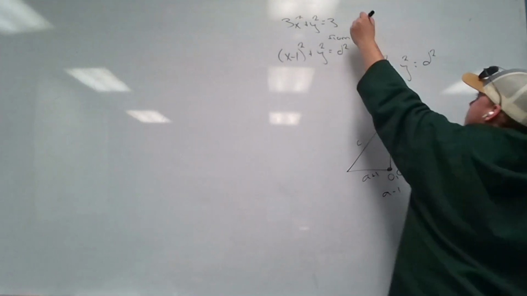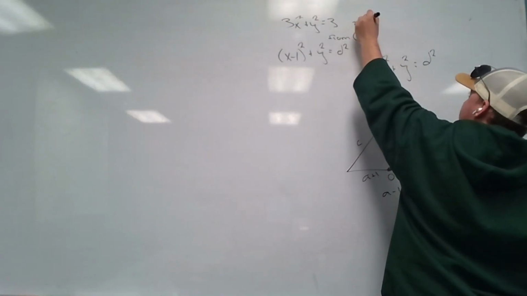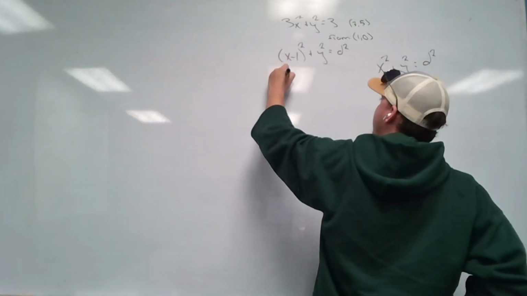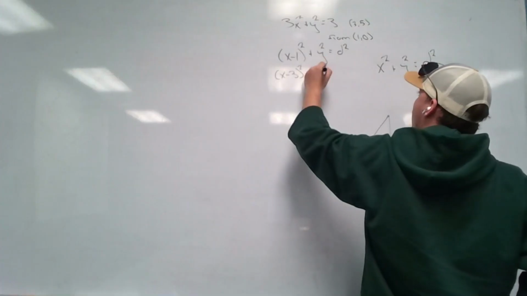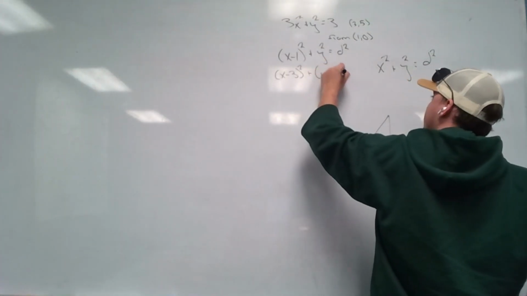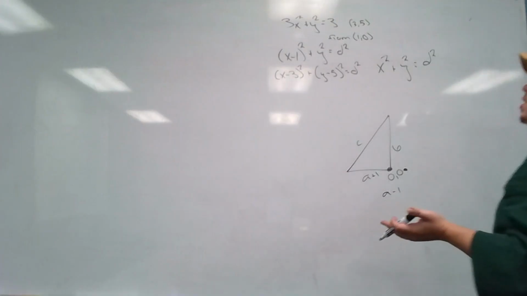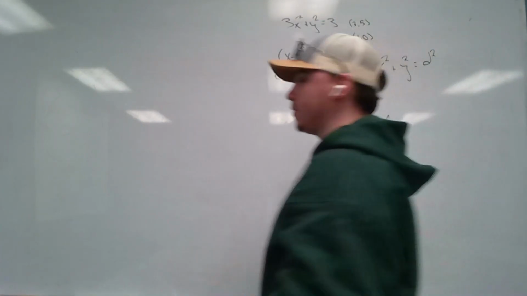Now, hypothetically, if the point was (3, 5), we would adjust accordingly. It would be (x minus 3) squared plus (y minus 5) squared equals d squared. It's the Pythagorean theorem, but we're adjusting for where our origin is, because it's a transformation.